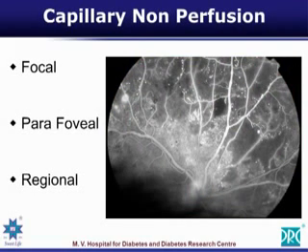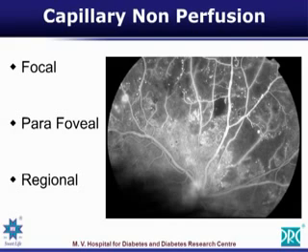Capillary non-perfusions. Capillary non-perfusion is a feature that you can diagnose only by means of a fluorescein angiogram. By looking at the fundus with an ophthalmoscope, you cannot diagnose capillary non-perfusion. Look at the fluorescein angiographic picture here. You will see the vessels are taking varied courses. Those are normal courses.